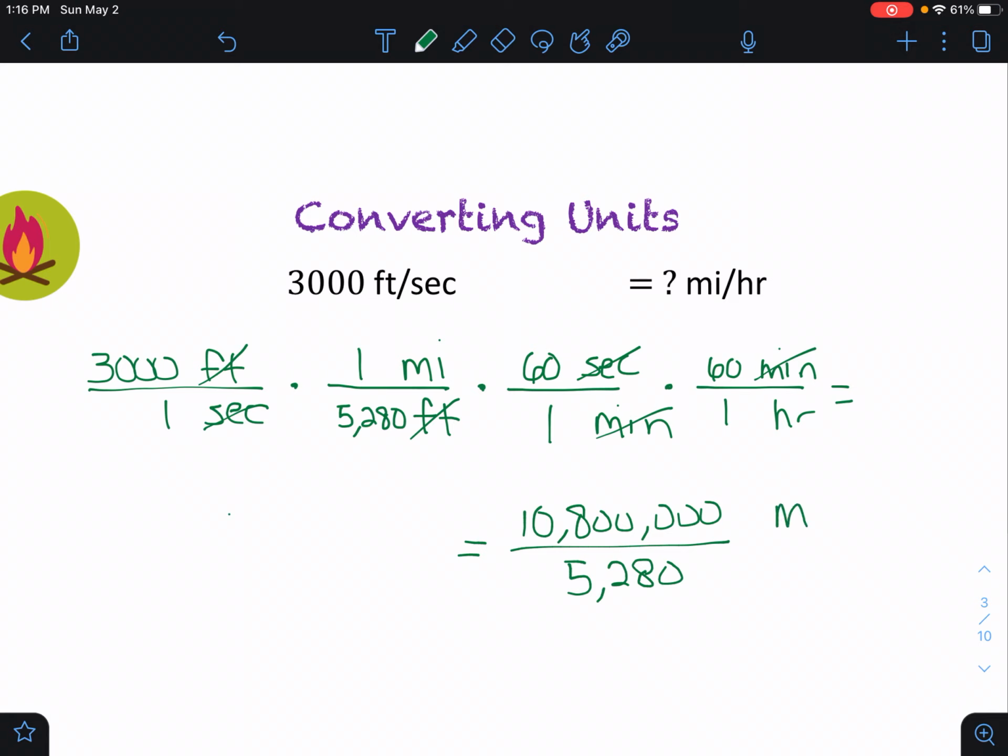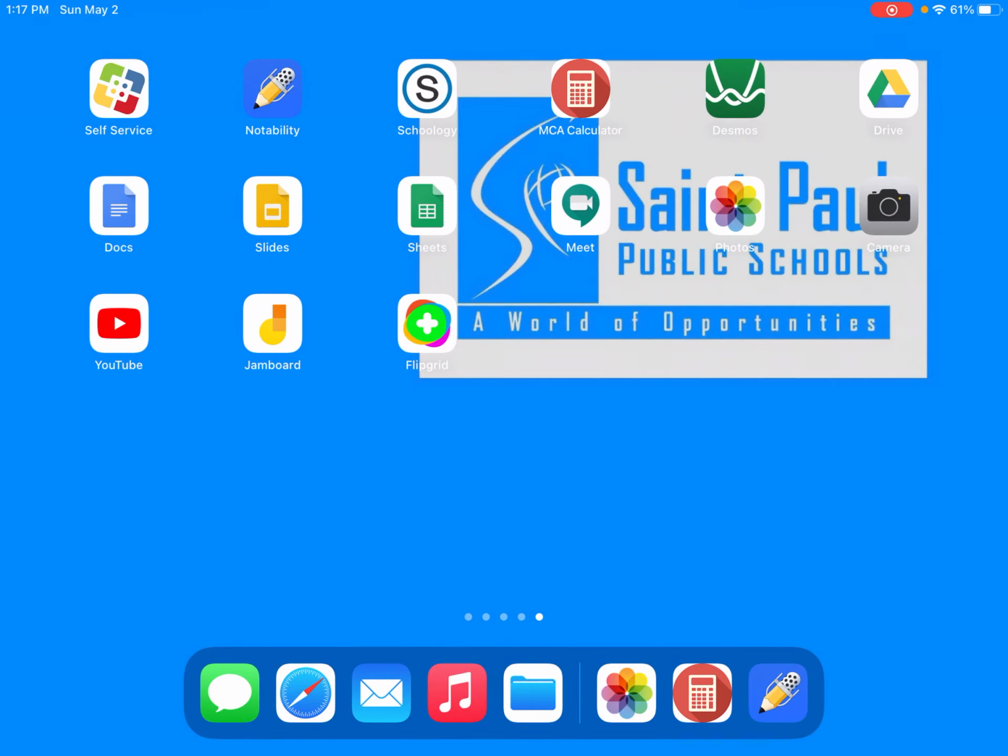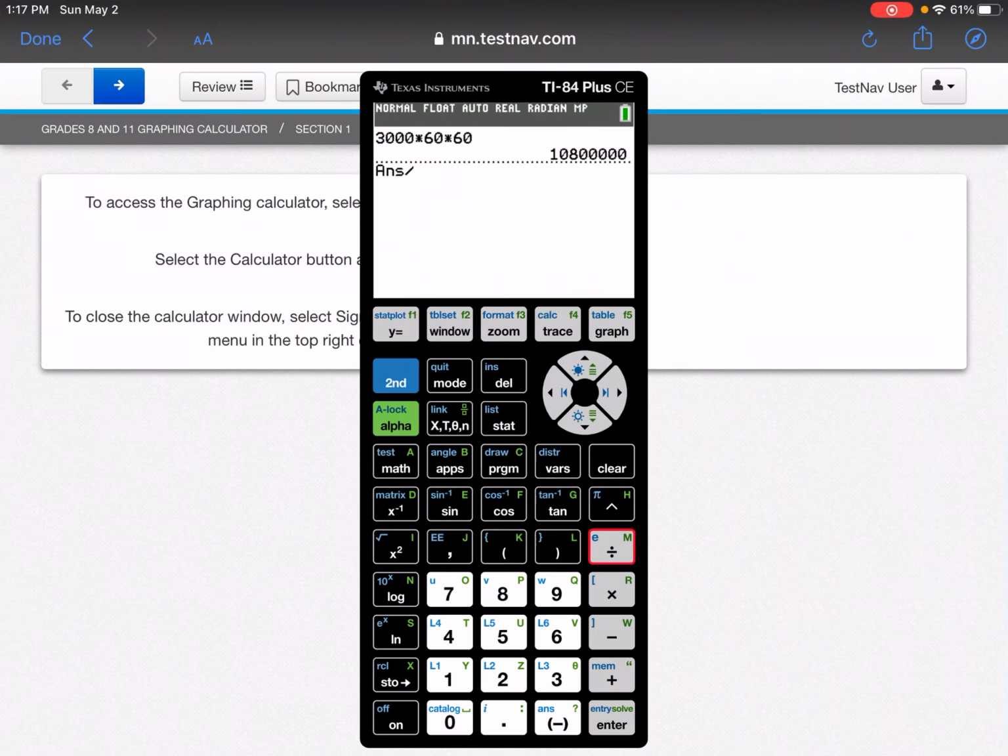So this is in miles per hour. Now what is it per 1 hour? We're just going to divide these two. I'm going to take that and divide by 5,280. This tells us our speed in miles per hour.